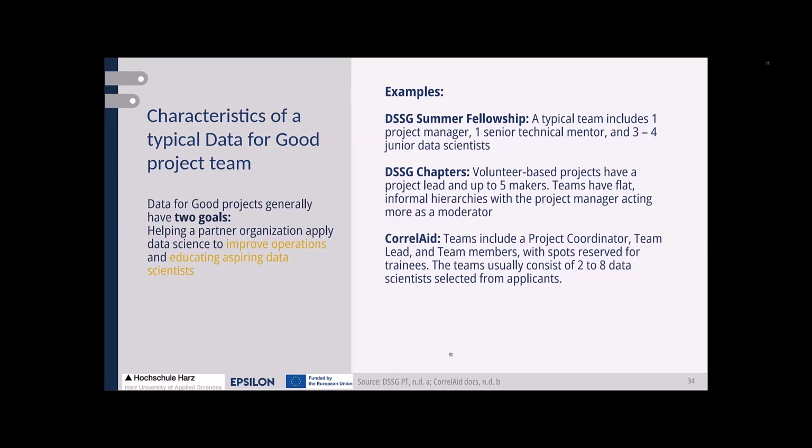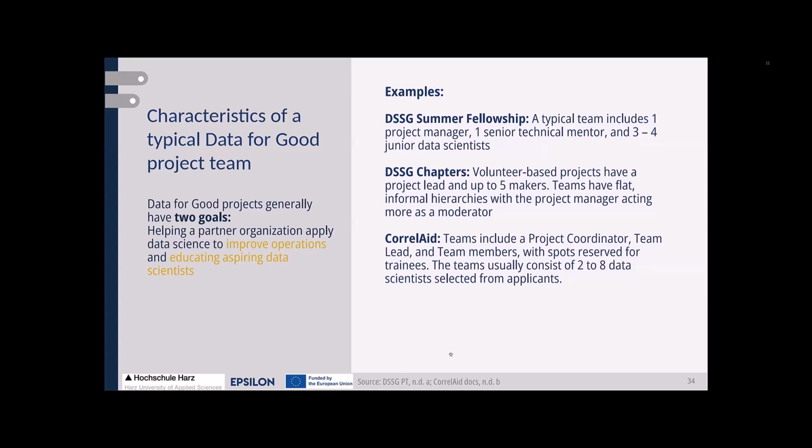And just to give you an example of the structure of a team, a typical Data Science for Social Good summer fellowship team, so those that work in those summer schools at university, includes one project manager, one senior technical mentor, and 3 to 4 data scientists. So this is basically a classical project hierarchy.